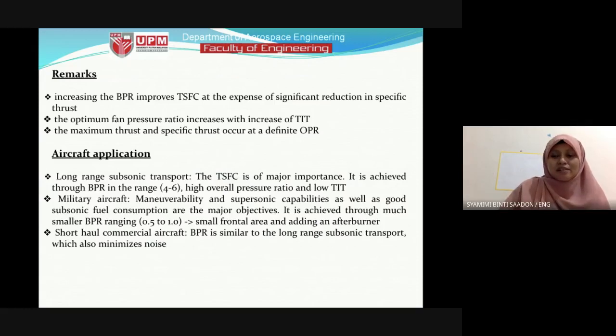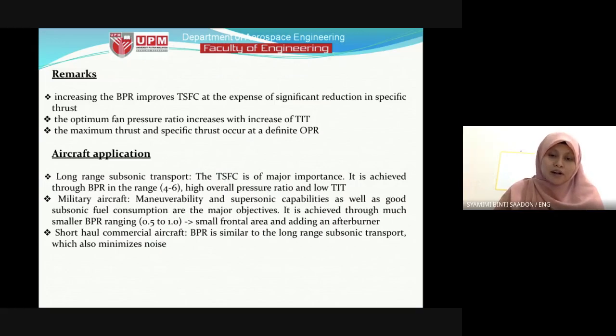This is achieved, like I've said just now, through a BPR in the range of 4 to 6, a high overall pressure ratio, and a low turbine inlet temperature. If we have these, then we are able to have an optimized TSFC.